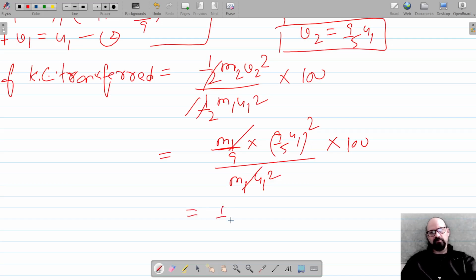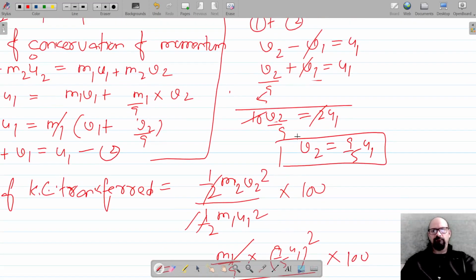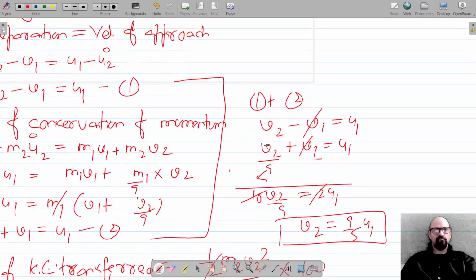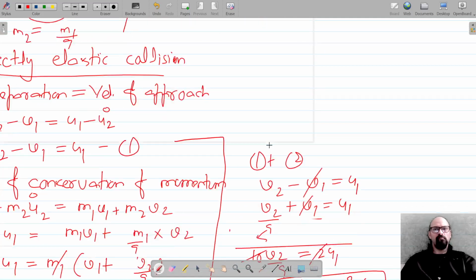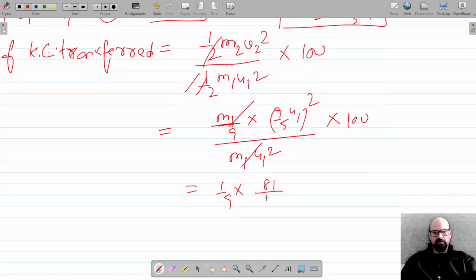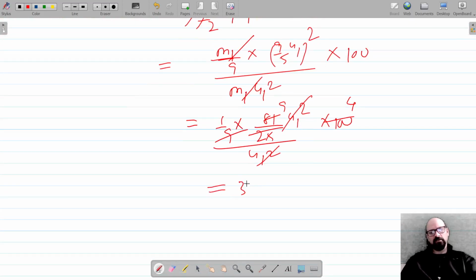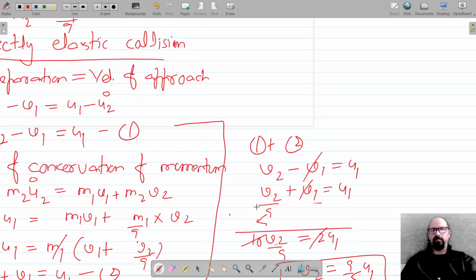So this is 1 by 9 into 9 square, which is 81, and 5 square is 25, u1 square upon u1 square into 100. We can strike them off. 9 nines are 81, 25 fours are 100, and the kinetic energy transferred in this case is 36%.